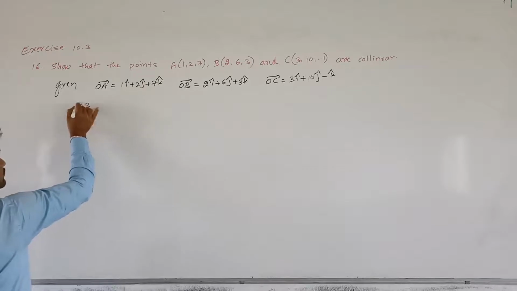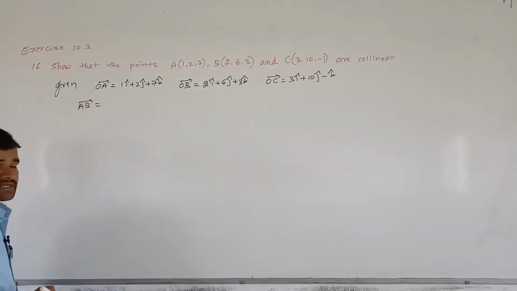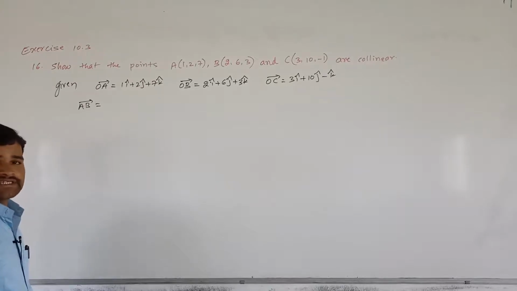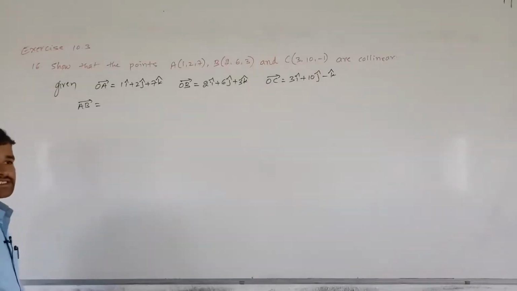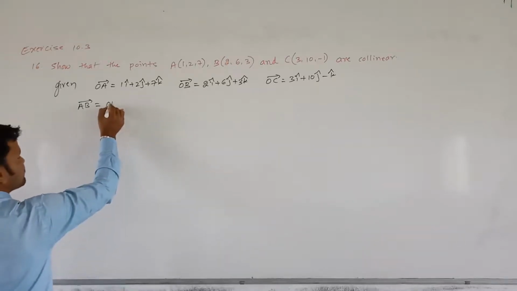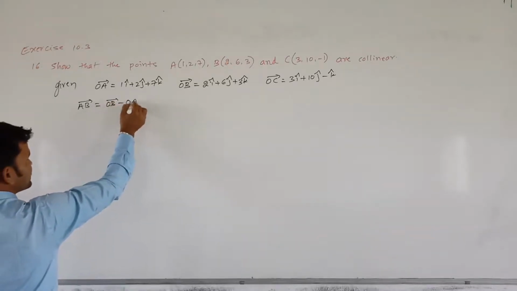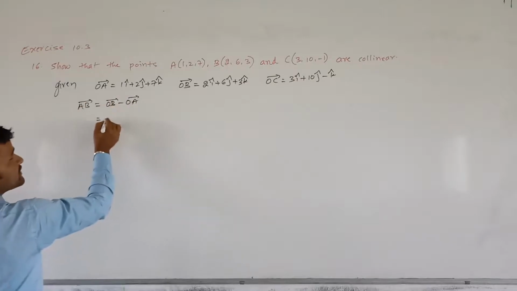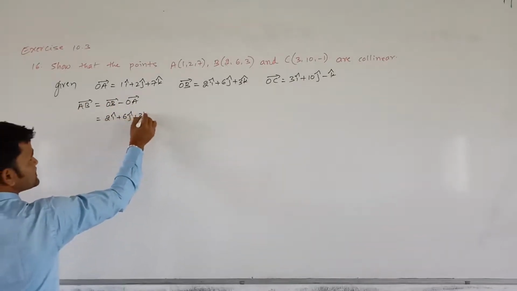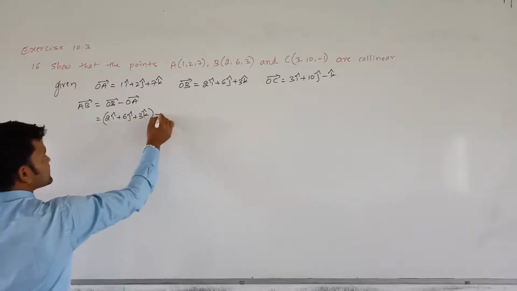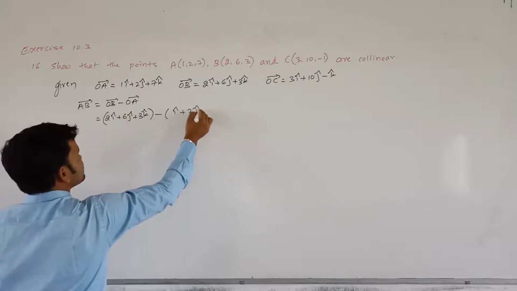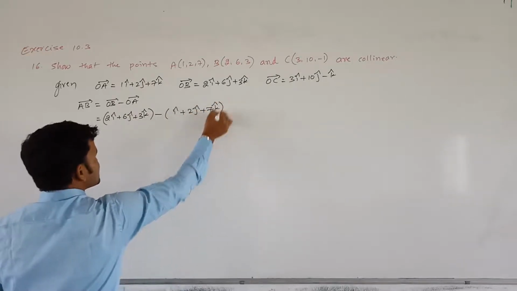We will write vector AB now. Vector AB is a vector joining 2 points A and B, where B is the terminal point, A is the initial point. So, vector AB is equal to vector OB minus vector OA. Vector OB we know, that is 2i plus 6j plus 3k minus vector OA, which is i plus 2j plus 7k.